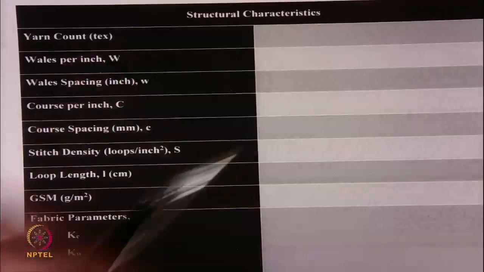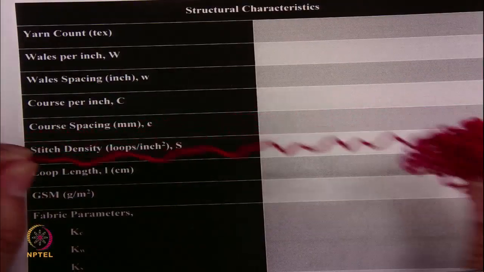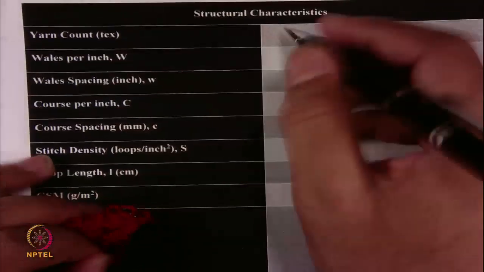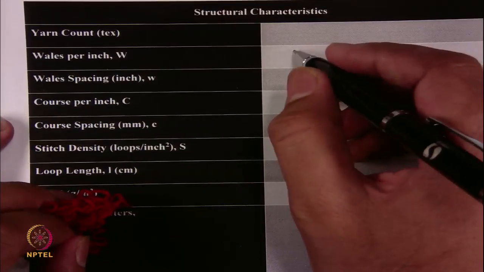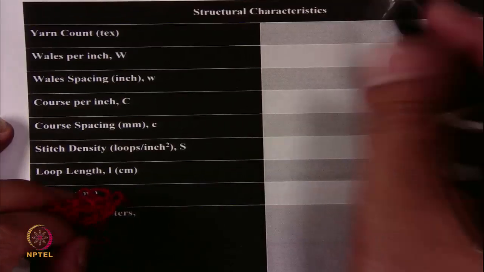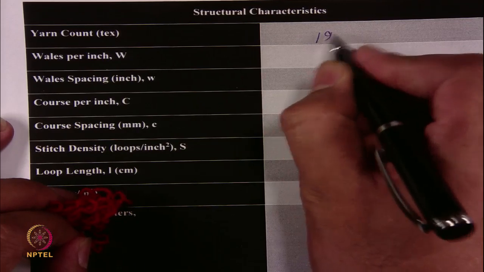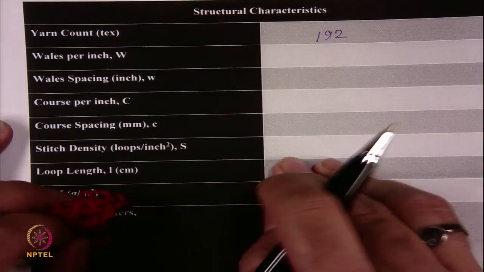Now, again come to the basic structural part. For yarn count, if you see this particular yarn, you can measure the distance and the weight. Yarn count in tex is the weight of yarn per 1000 meters of length. The yarn count is 192, which I measured in the lab.